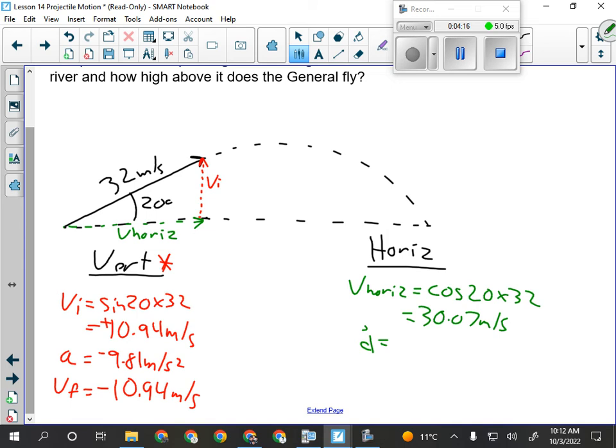What do I need? Time. Because horizontally it travels at a constant velocity, and this is the formula I have to use. I don't have time. Can I find time with the information I was given vertically? Yes. I think that was actually where we got to on Friday, getting the time.